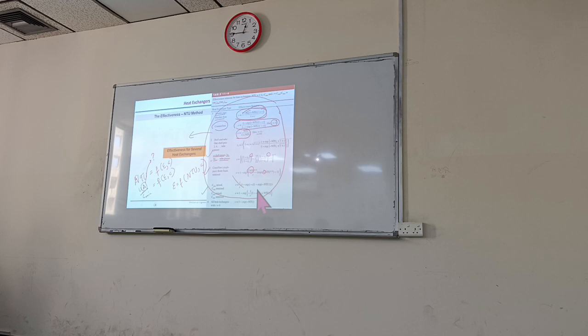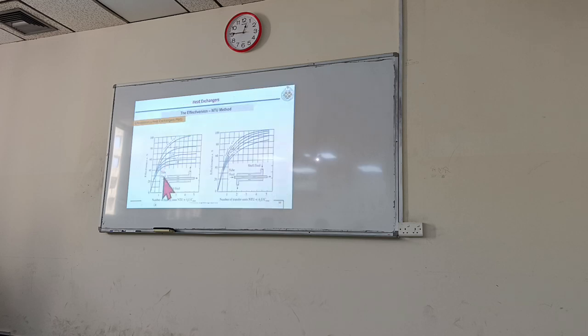By solving the same table for a range of values, they have developed charts also. So what is this chart? It gives effectiveness as a function of NTU and C. Now let's see. C is equal to 1 and C is equal to 0.